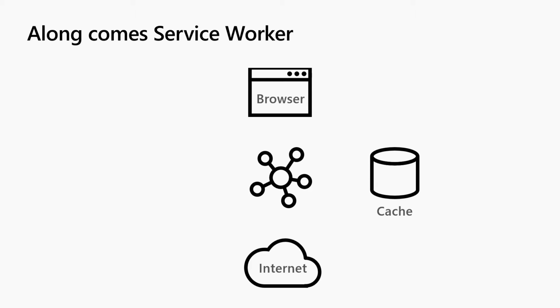And so what you can do is intercept a request, see if that particular asset is already in the cache, and if it is, you can skip going to the network altogether and just return that asset from the cache and deliver it to the browser without ever touching the network at all. And that asset might have been cached maybe when the PWA is installed or the service worker is installed.